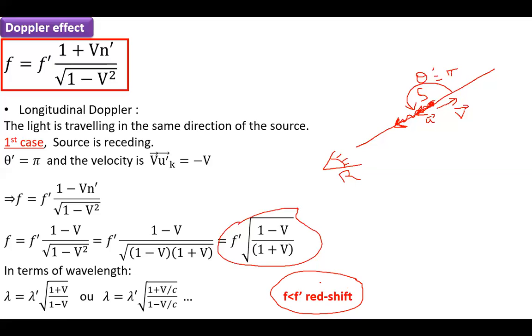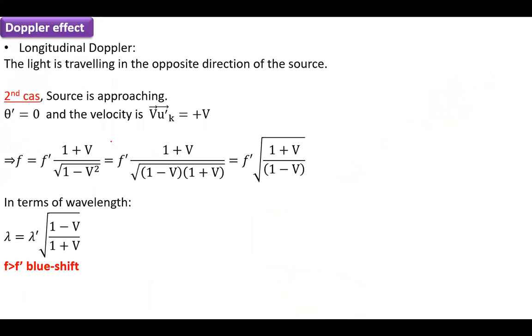It is a case of longitudinal Doppler where the source is moving away from the observer and emitting light towards the observer. This is the first case of the longitudinal Doppler.